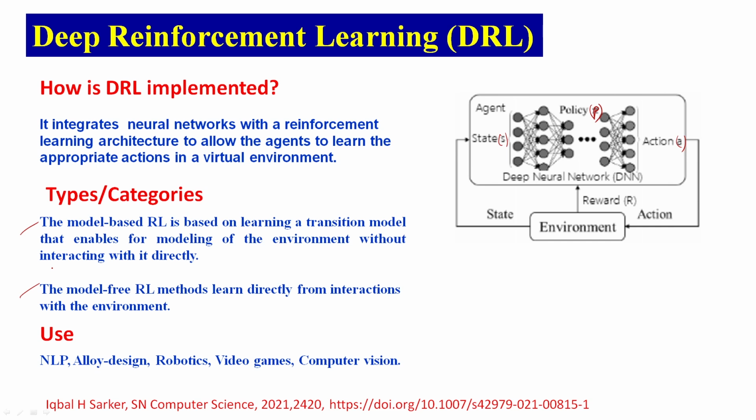Professor Iqbal already described in his paper that this method can learn directly from raw high-dimensional visual inputs. In the real world, these solutions can be used widely in video games, robotics, alloy design, natural language processing, or even computer vision.